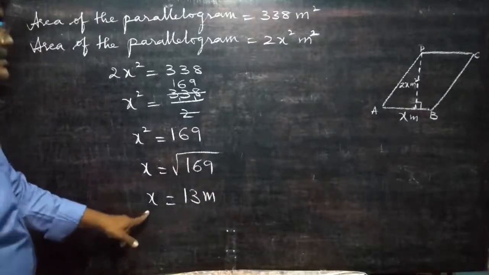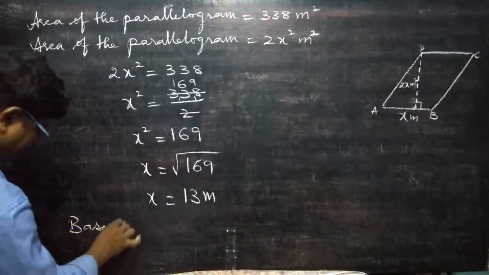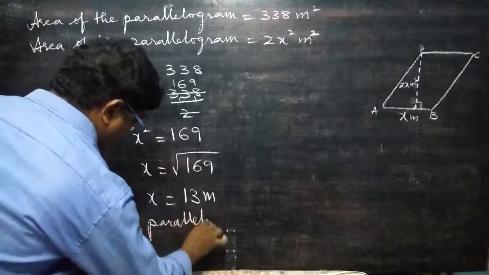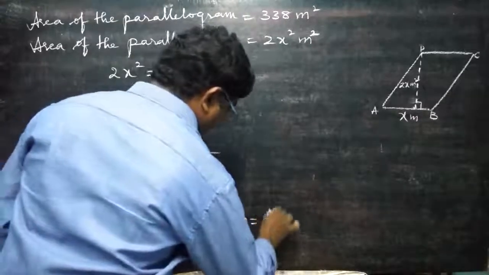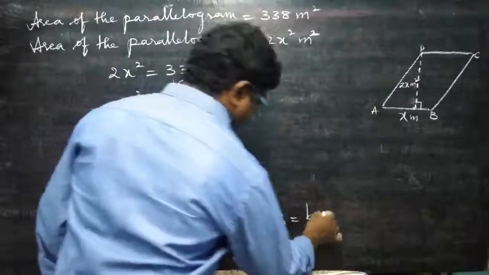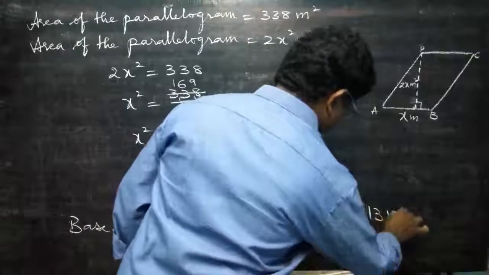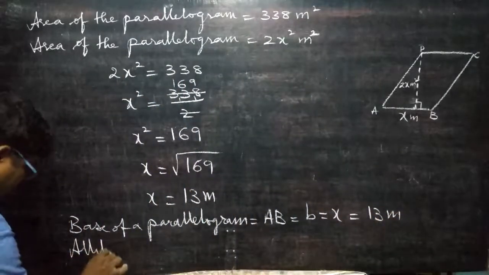What we thought? x, base of a parallelogram, we thought as x. So base of a parallelogram, that is equal to AB, that is equal to B, is equal to x, is equal to 13 meters. Now they are asking altitude also.